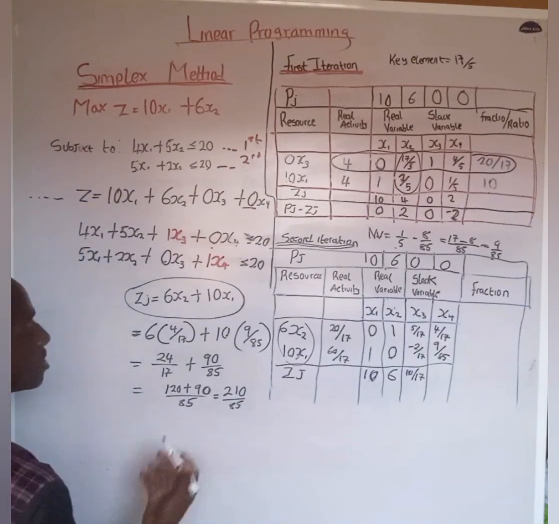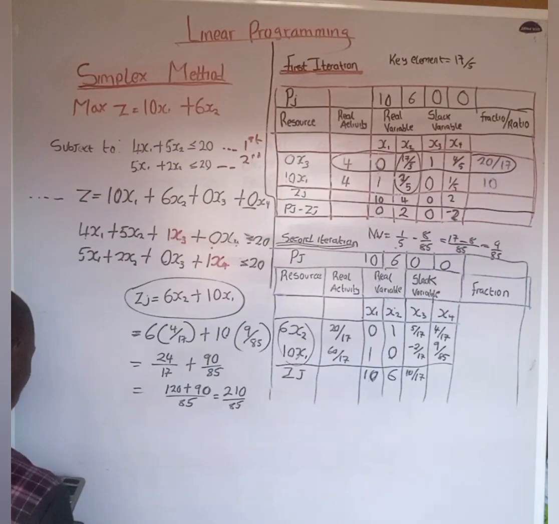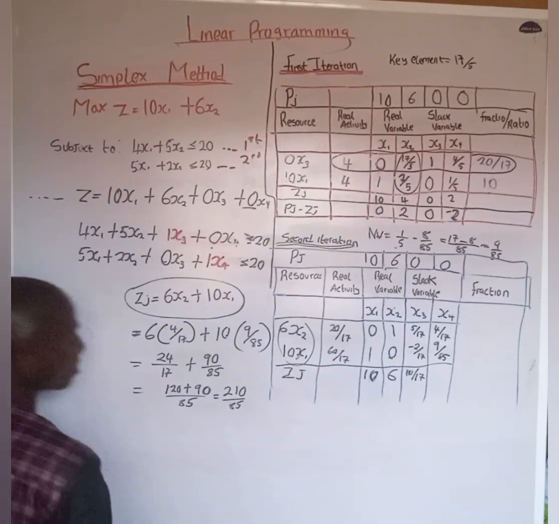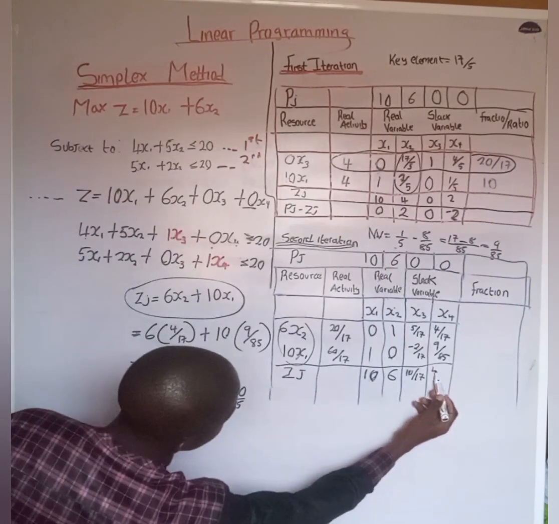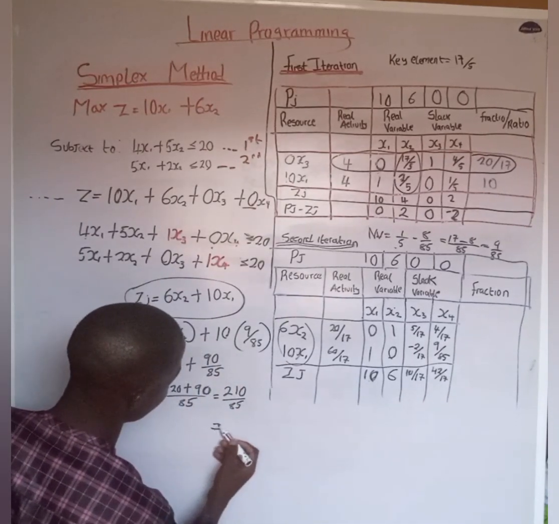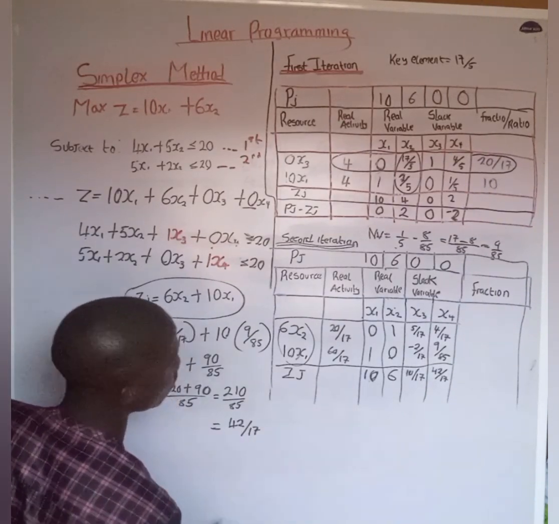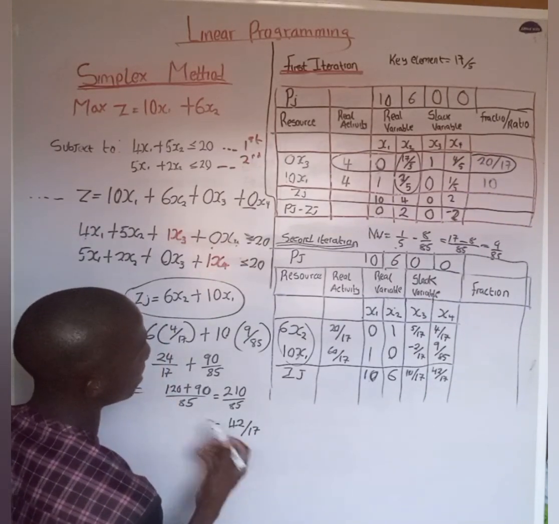You can reduce the value if you like, and you can proceed, you can put it like that, but in this case I'm going to reduce the value. The value is 42/17. So I have gotten the value of my zj.